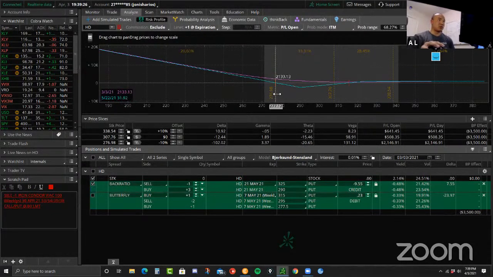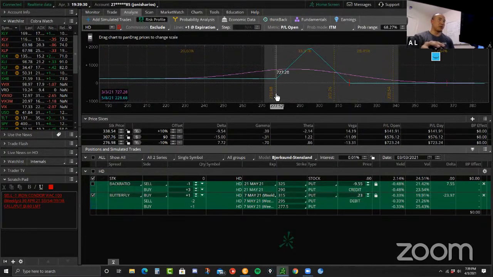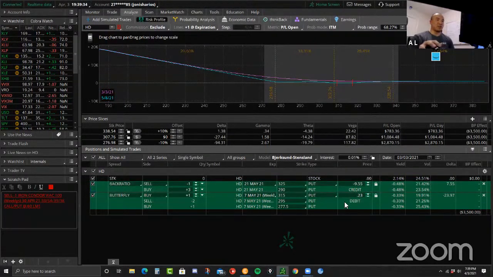That's your risk from point A to point B. We're putting on this butterfly right in the middle, so it doesn't matter what happens to the spread. It's $23 of insurance. You could probably fill for like 25 or 20, but $20 of insurance to ensure this trade from you not losing anything. If we go this way, you'll make $955. And if we die anywhere in the middle, you're going to make money.